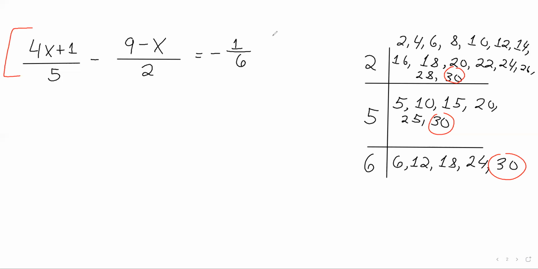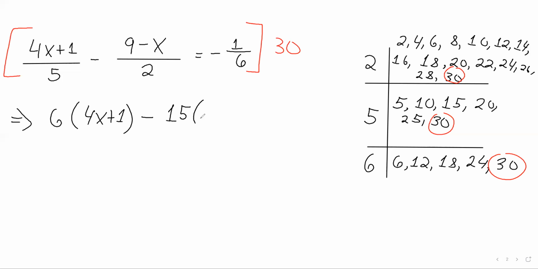So I multiply this by 30. So this becomes 30 over 5 gives me 6 times 4x plus 1 minus 30 over 2 is 15 times 9 minus x equals 30 over 6 is 5.